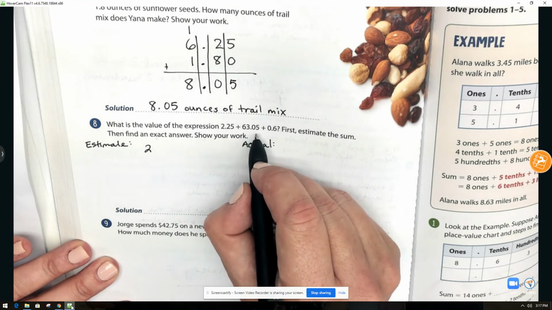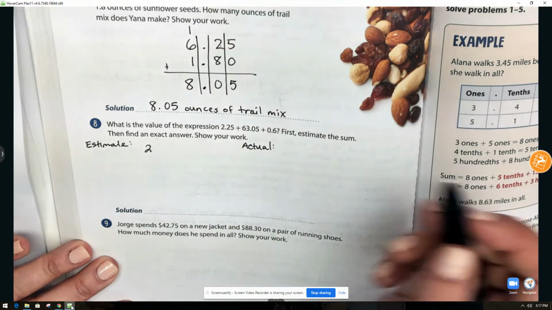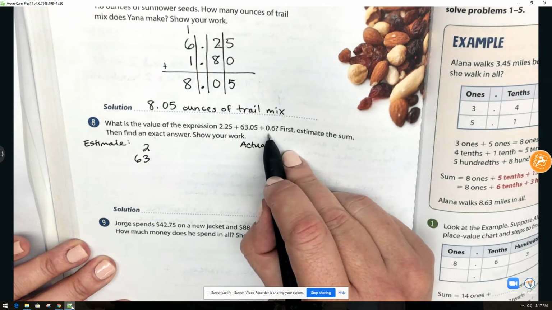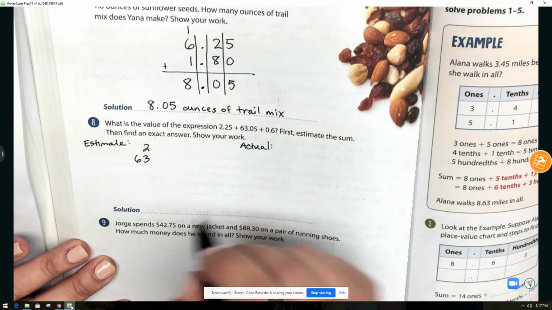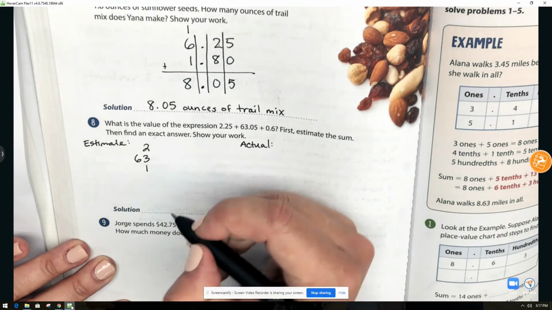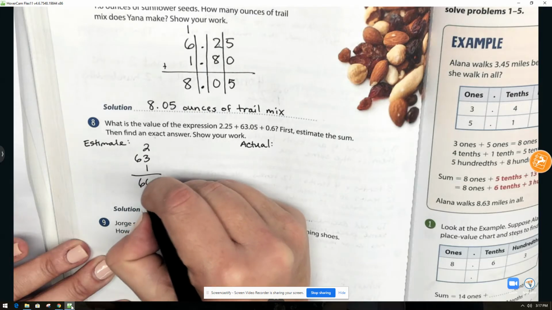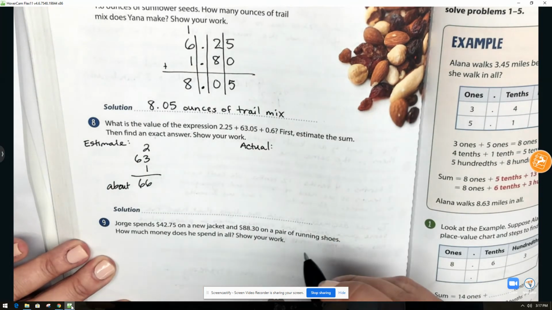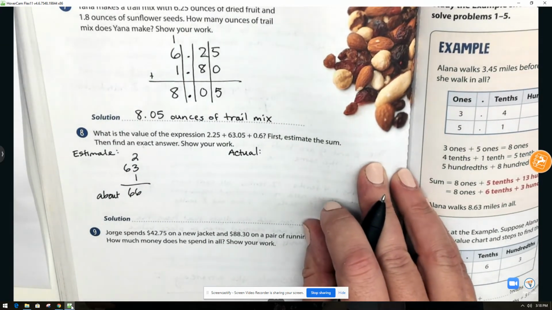Well, 5/100 is much closer to 63 than it is to making it go up to 64. So I'm going to add 63. And then 6 tenths is more than halfway between 0 and 1. So I'm going to add 1 more whole. So our answer is going to be about 66.